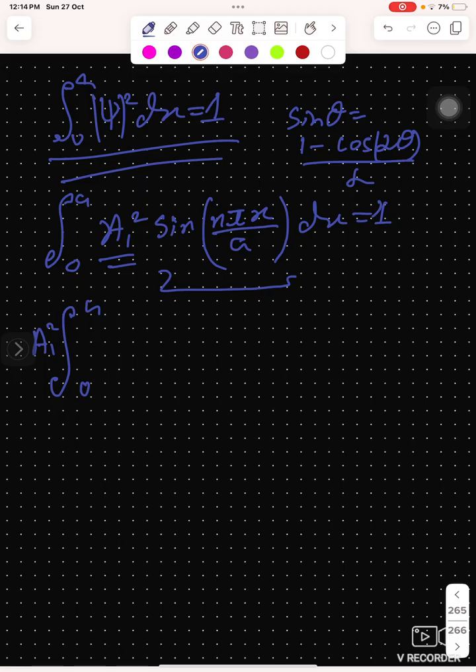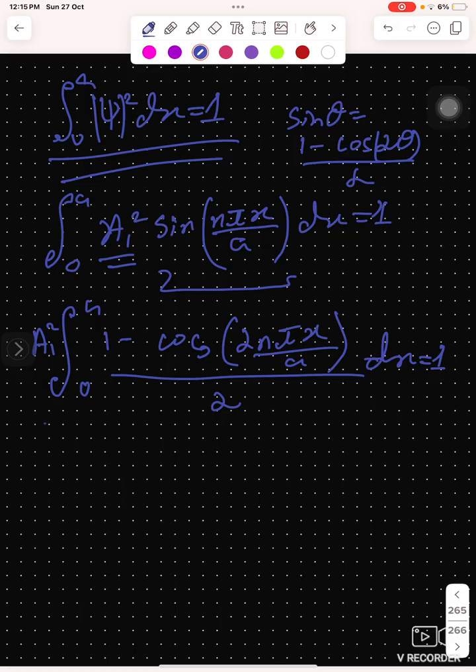So we can write it as 1 minus cosine of 2n pi x over a, all over 2, dx equals 1. So let's separate it. We can separate it into two parts.